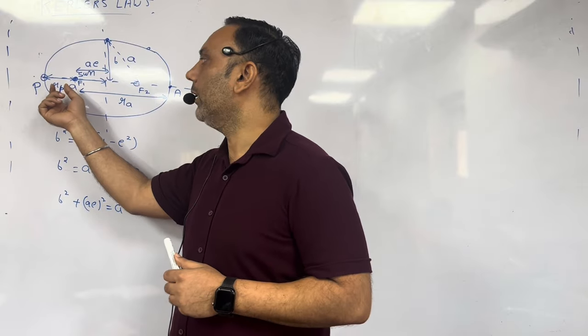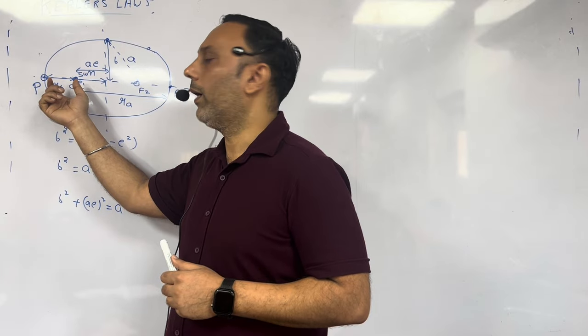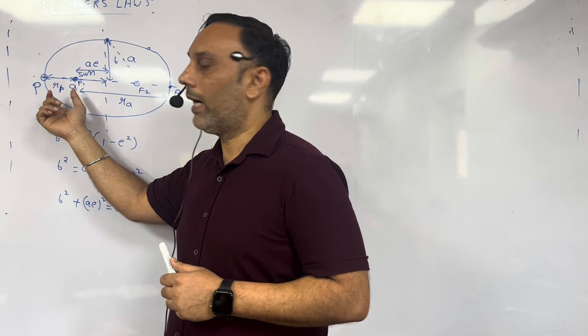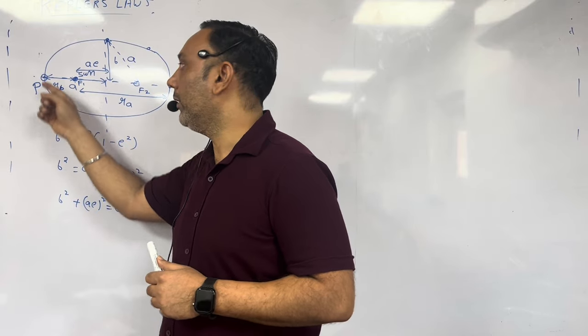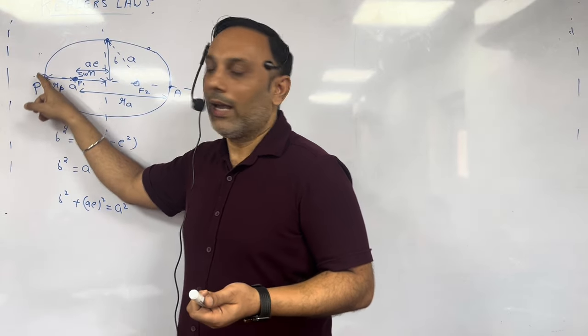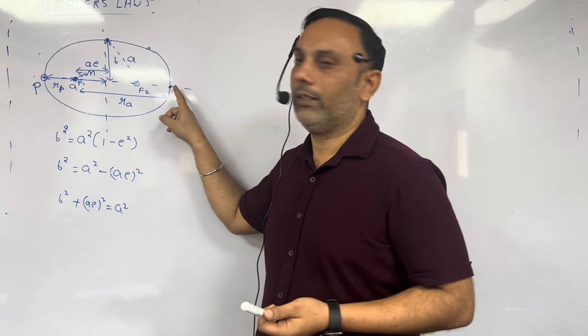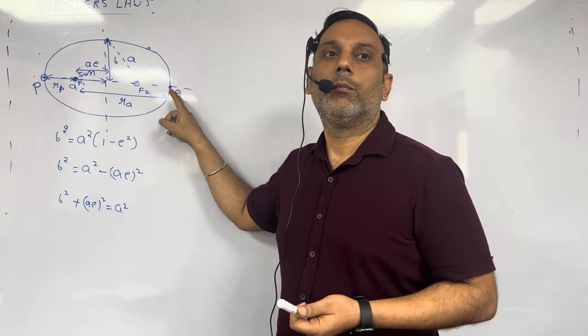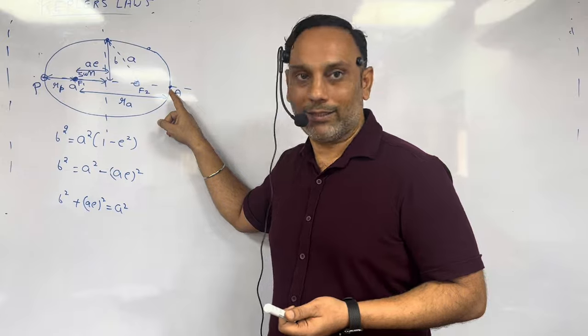So here potential energy is G m1 m2 by rp. That distance is less, so the magnitude is more, so overall potential energy is less. And here the distance is increasing, so the potential energy magnitude is less.